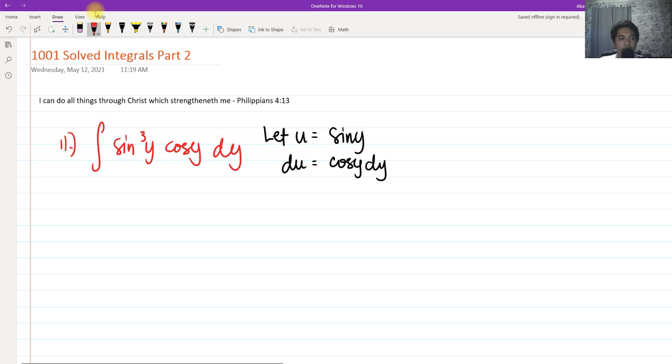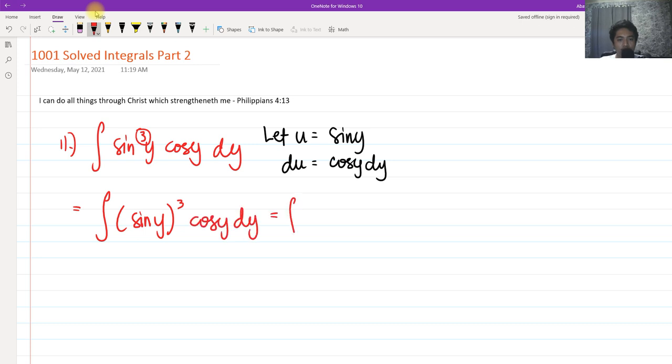So if we are going to perform u substitution, sine cubed of y can be rewritten as sine y cubed, and then we have cosine of y dy. So easily, because of our u substitution, we can substitute u here.